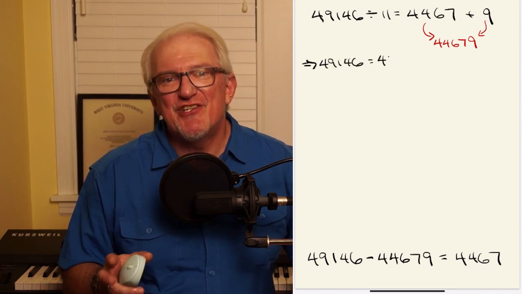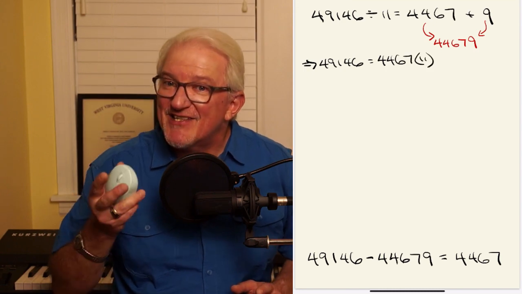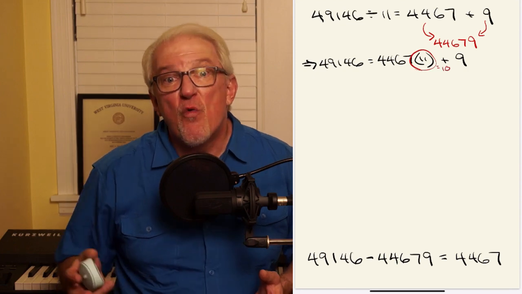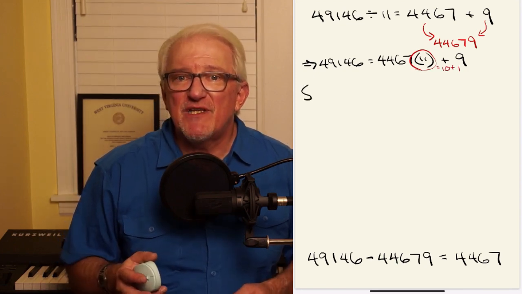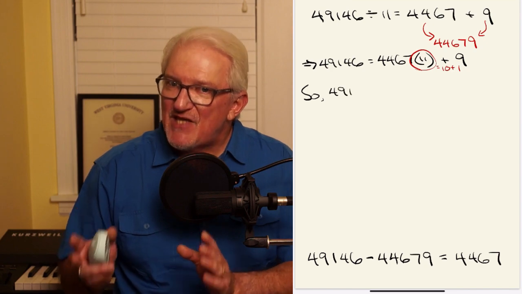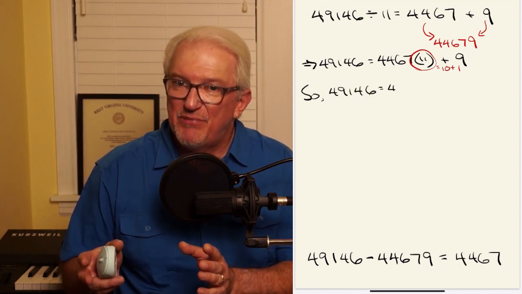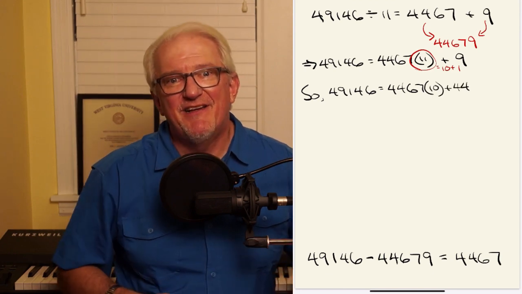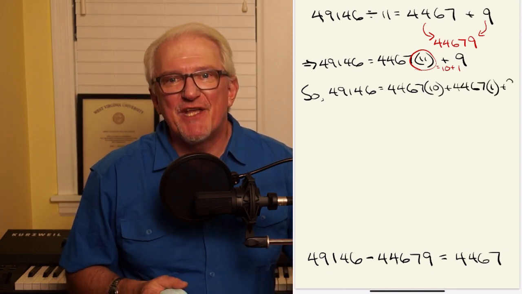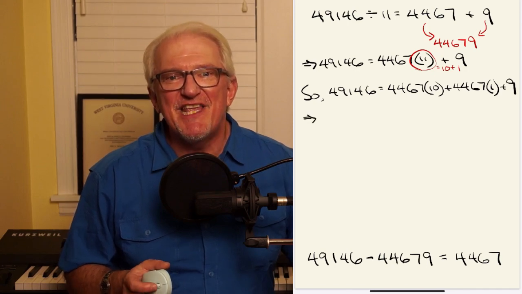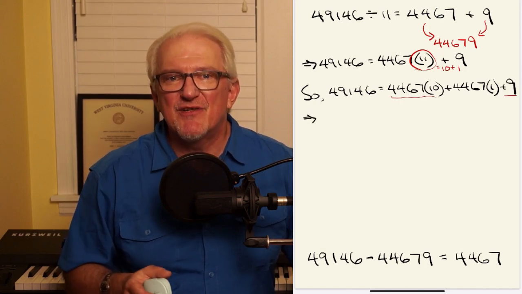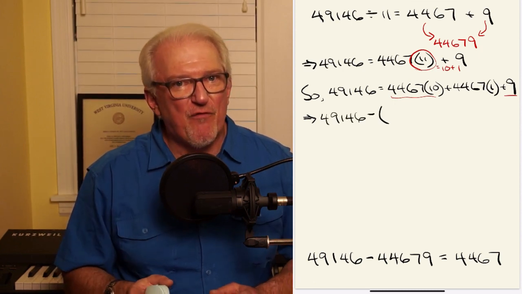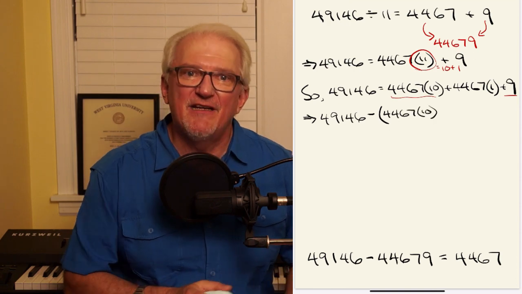We really just need to note that by expressing 11 as 10 plus 1, and then distributing the 4467, we see that 49,146 can be written as 10 times 4467 plus 1 times 4467 plus 9. A little bit of algebra then reveals that 4467 is equal to 49,146 minus the sum of 10 times 4467 and 9.